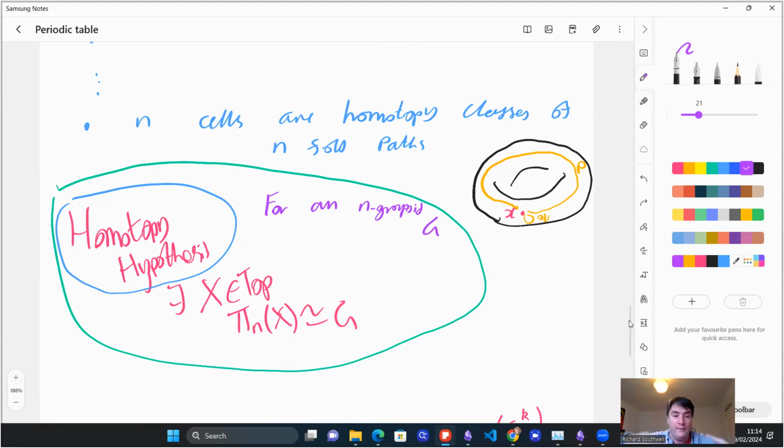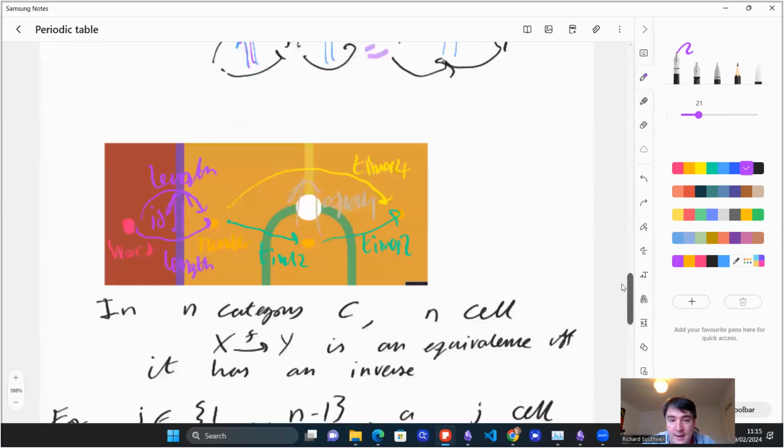In other words, all of these n groupoids appear from spaces in some sense. So we're just scratching the surface of this really deep connection between these non-strict n categories and topology.